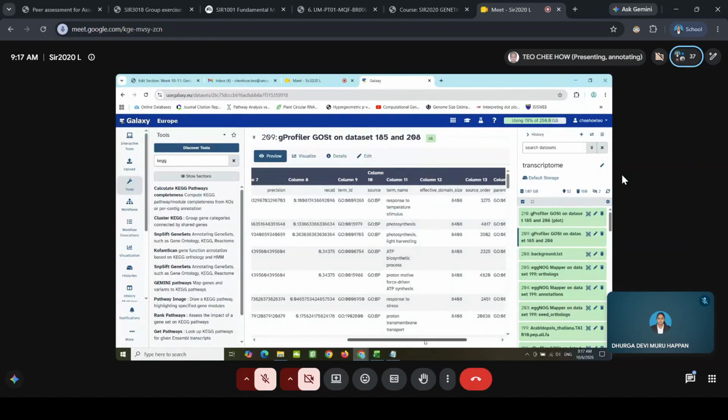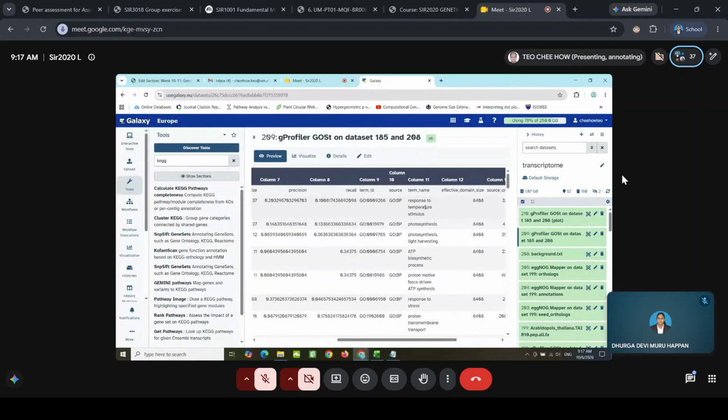But I want you to screenshot your finding from Galaxy. When you do a screenshot, please do not crop. I want to see the entire screen of the screenshot, as proof of your answer. If you only answer, respond to temperature stimulus, but you did not show me the output of your Galaxy, then you will get no mark.